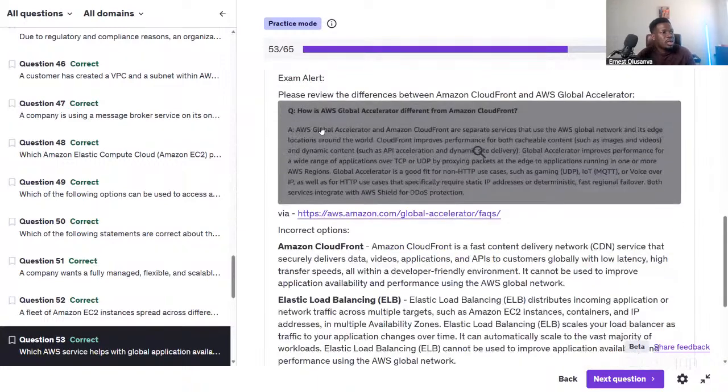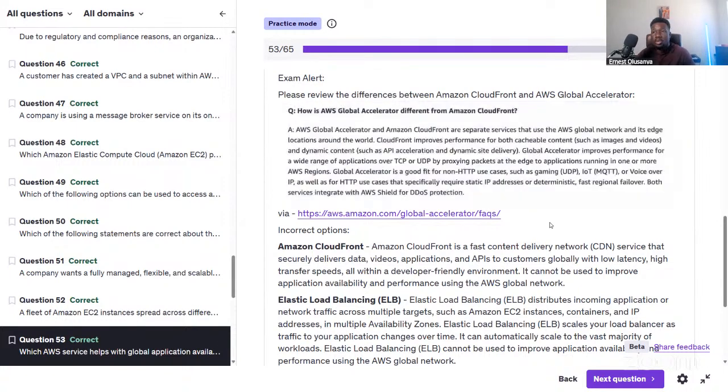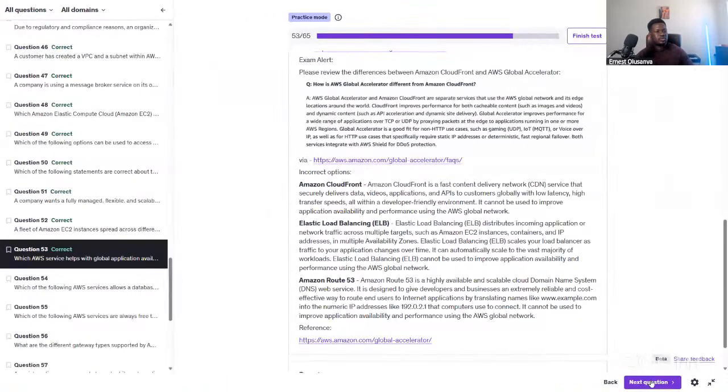It says AWS Global Accelerator and CloudFront are separate services. CloudFront helps with what? Cacheable content and dynamic content, to serve content. But Global Accelerator improves performance. So it's helping with performance, not with content delivery. That's the clue. All right. So let's move on.